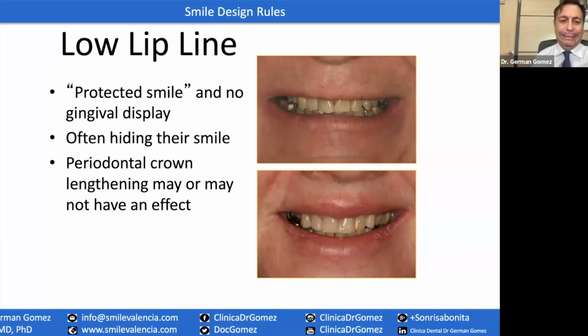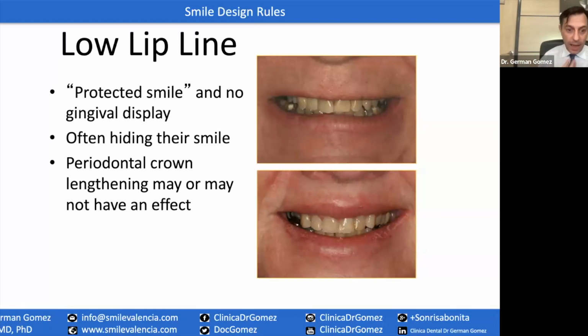Smile. Oh my God. A lot of patients come to my office like this, and I say, listen, after I've made the work, you have to go to smiling school, because you have to learn to smile and show your teeth. I cannot let you smile like this with my new veneers on. This is not possible, okay?